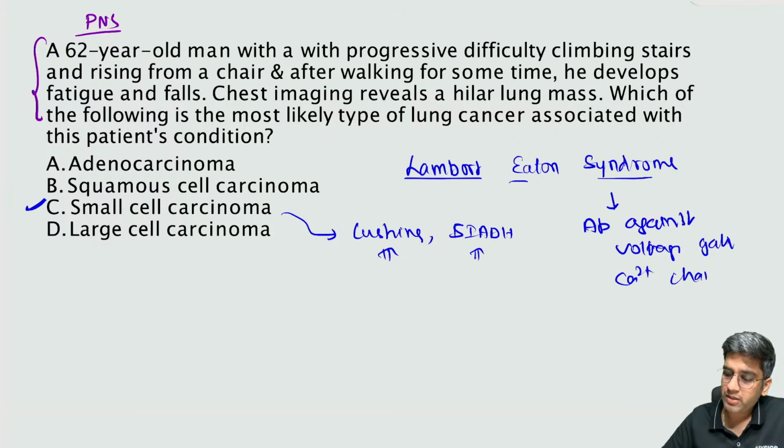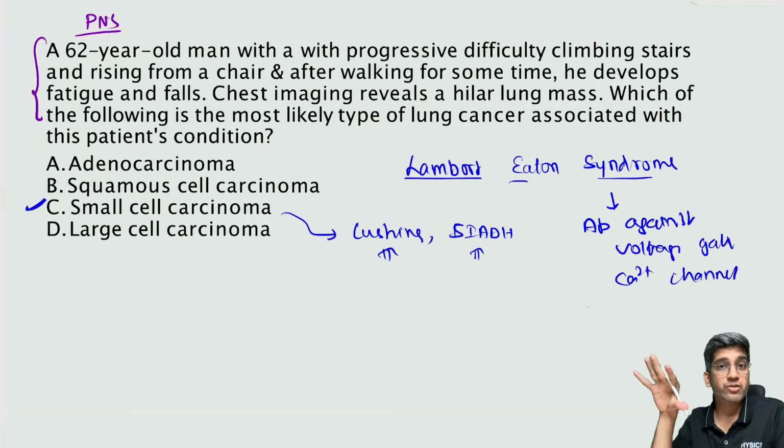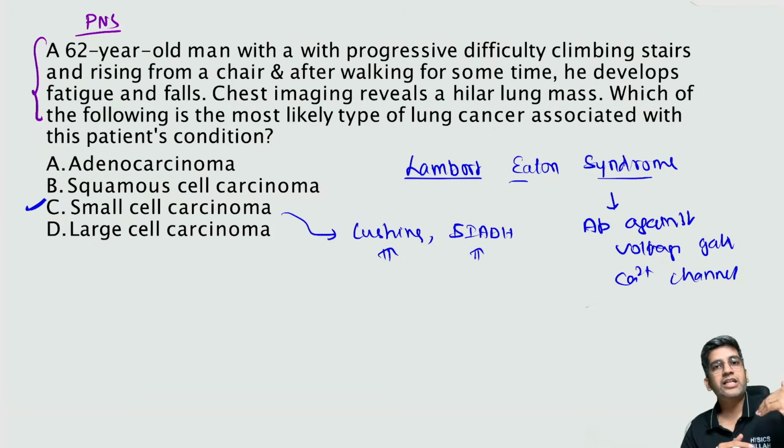If you remember from first year, acetylcholine is released with the help of calcium. In myasthenia gravis, the acetylcholine receptors are blocked. Here, the voltage-gated calcium channels are blocked, so the effect will be similar to myasthenia gravis. That's Lambert-Eaton myasthenic syndrome. It's an autoantibody-related, paraneoplastic syndrome seen in small cell carcinoma of lung, fine?